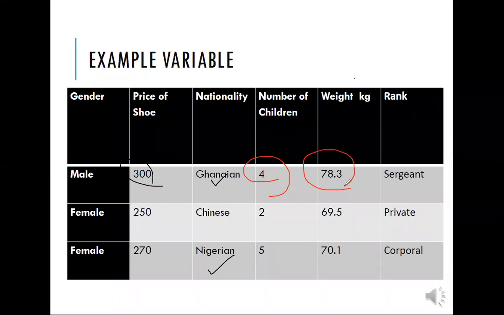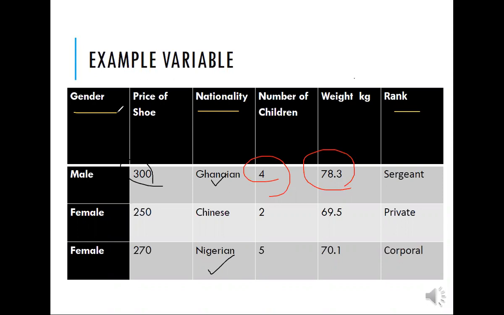Okay, now let's go to the qualitative variables too. So when we get to the qualitative variables, we also identify some differences. So an example is gender and rank. When you look at it carefully, you'll realize that in gender, a person is male or female.